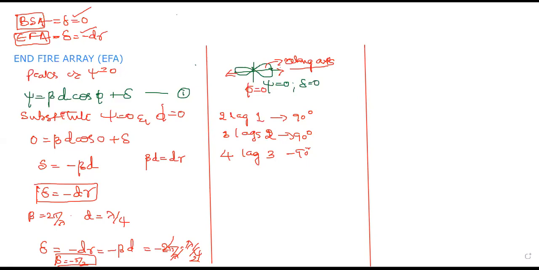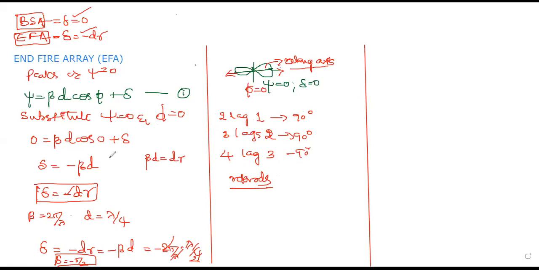So in a linear array, in case of a broadside array, there is no such delta value coming into effect. Whereas in case of an end fire array, each of your sources will lag by about 90 degrees. So in an end fire array, the phase difference between the adjacent sources will retard because of the negative sign. It will retard progressively with the spacing between the adjacent sources.